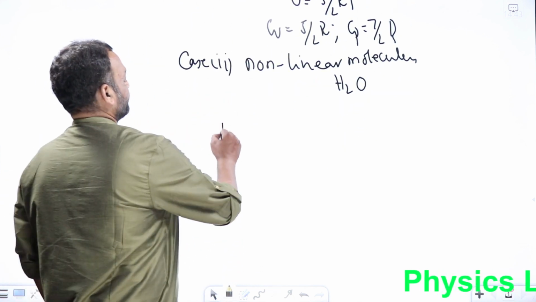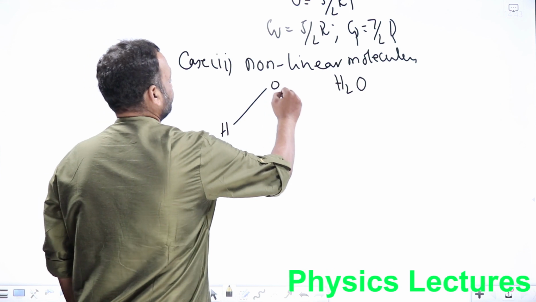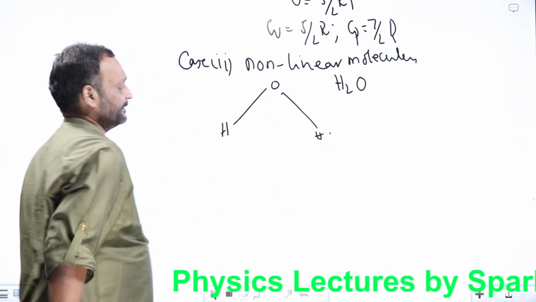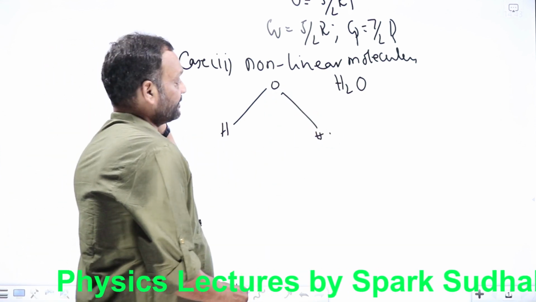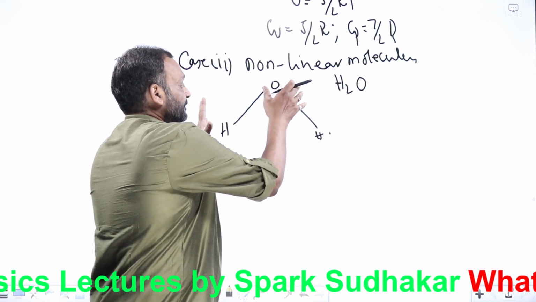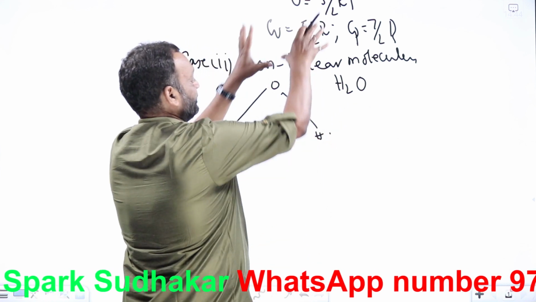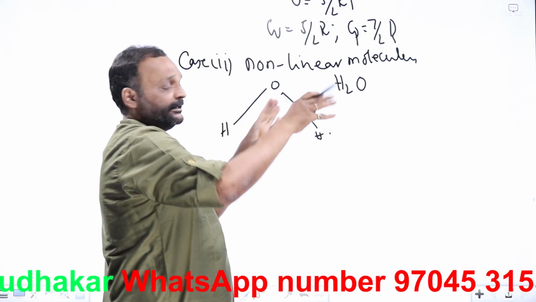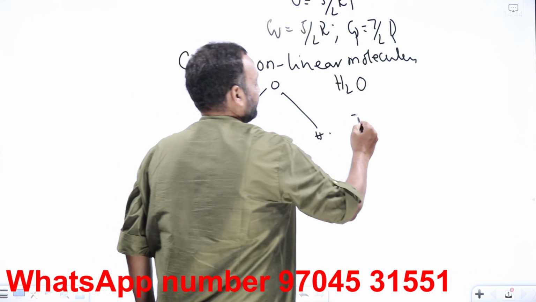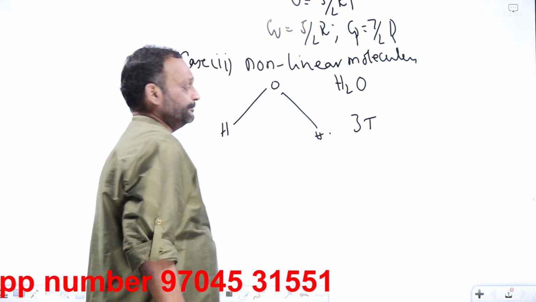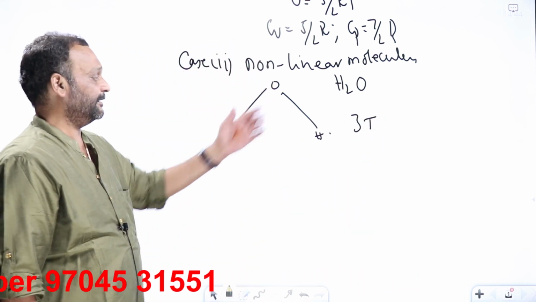The structure of the H2O molecule is like this. Now again, how many translational degrees of freedom? This entire molecule of 3 atoms can move along the x-axis, the y-axis, and the z-axis. Means H2O molecule has 3 translational degrees of freedom.